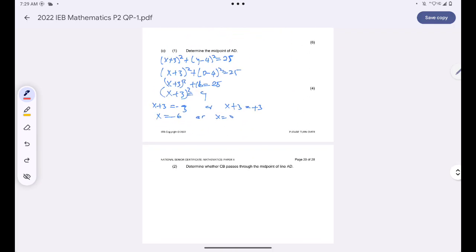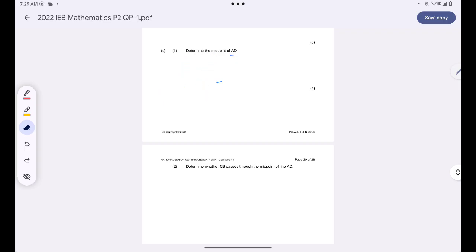So those are the coordinates of my midpoint, the midpoint of AD. Let's call it M, negative 9 over 2, positive 9 over 2.